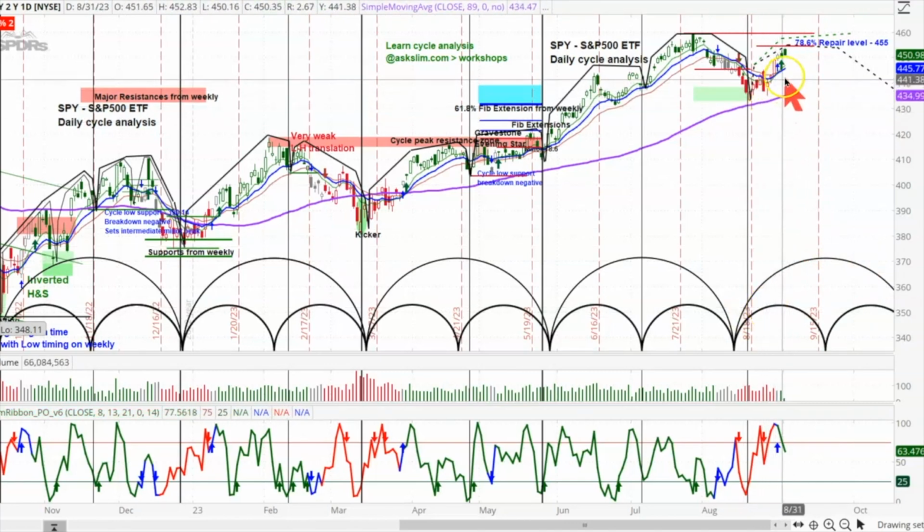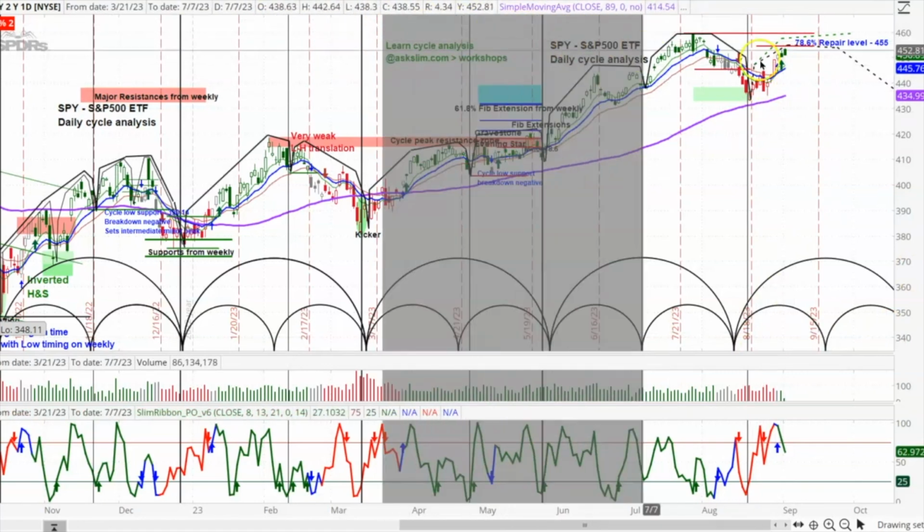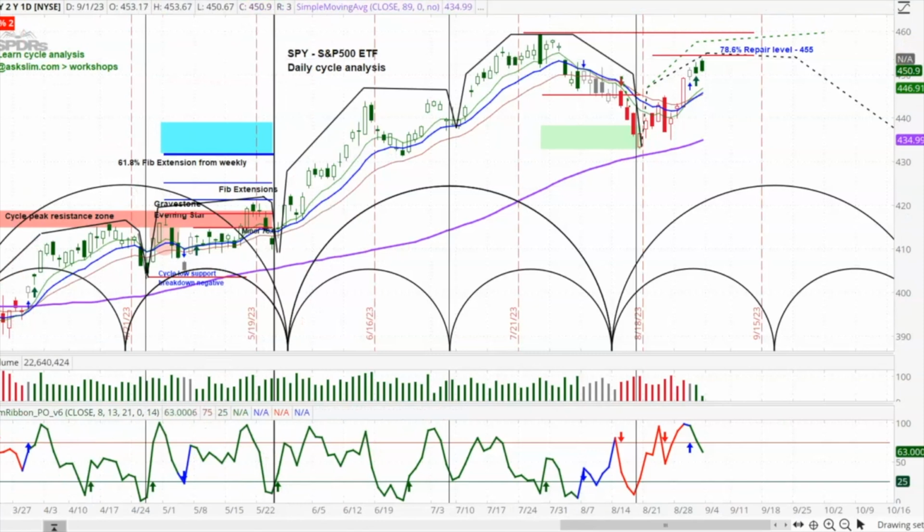Now, the rebound has been strong, and the momentum conditions have improved on the short-term basis. Looking at the slim ribbon, it crossed over right over here. You get the green arrow, and the slim ribbon PO, which was giving negative information, turned neutral, and now has turned green. So that's positive.